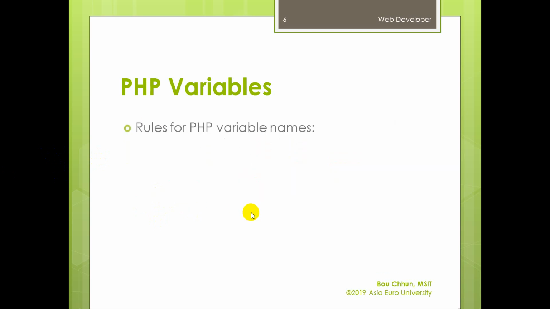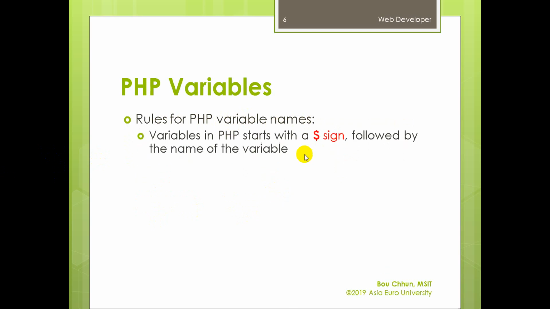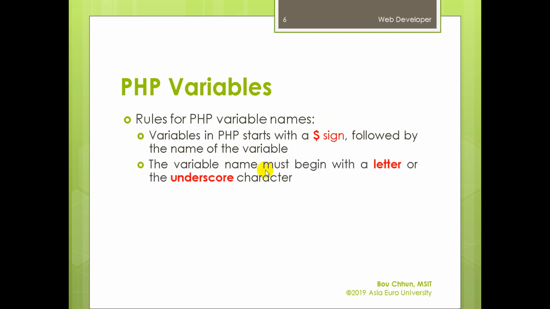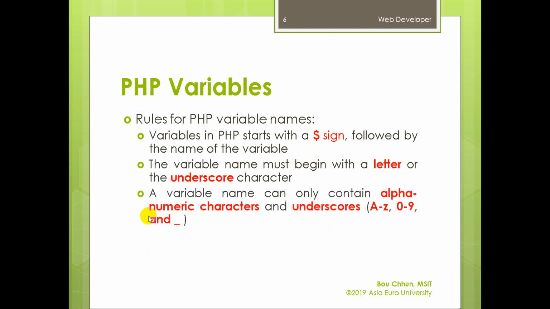Okay, and then the rules for PHP variable names. A PHP variable starts with a dollar sign, followed by the name of the variable. The name must start with a dollar sign, then a letter or an underscore. The name can only contain alphanumeric characters and underscores, A to Z, 0 to 9, and underscore.